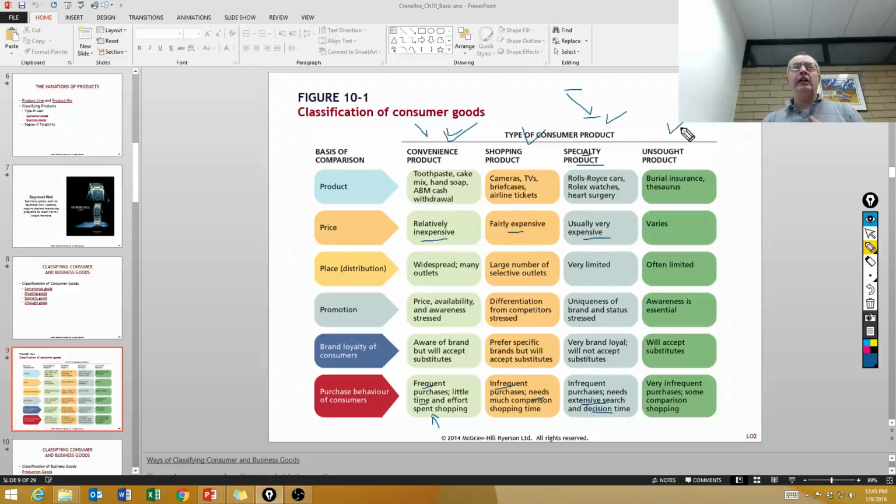And then the final classification of consumer goods is the so-called unsought products. These are products that we tend to not even know exist until we need them. If your vehicle breaks down, sometimes we discover that it had parts we didn't even know about, and it's only because it's broken down that we realize we need an alternator, or a new fuse, or something.